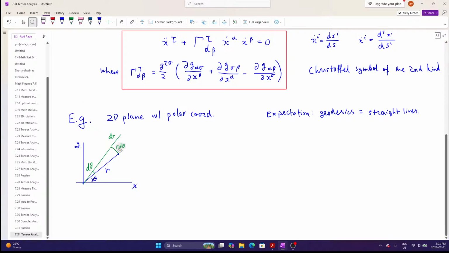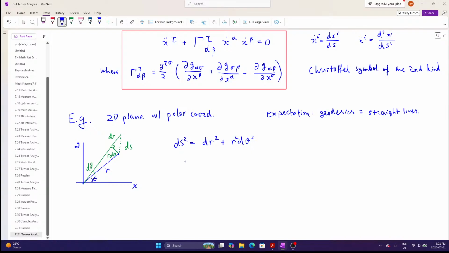You can see there is an approximate right triangle going on, and you have ds squared equals dr squared plus r d theta squared, so it will be r squared d theta squared. So that will be the line element.